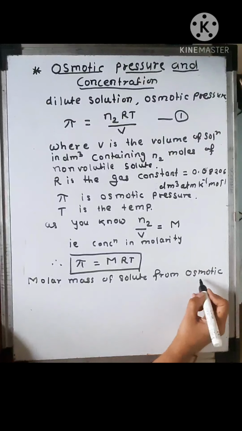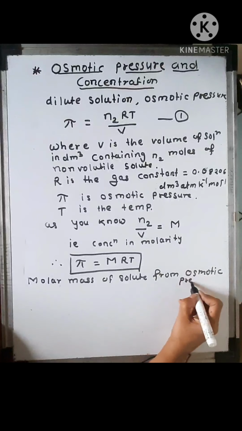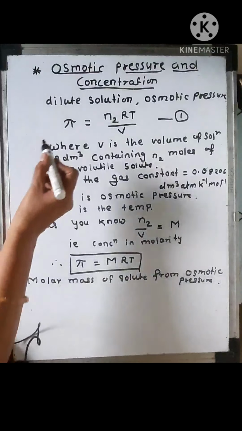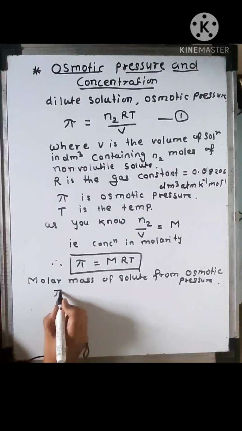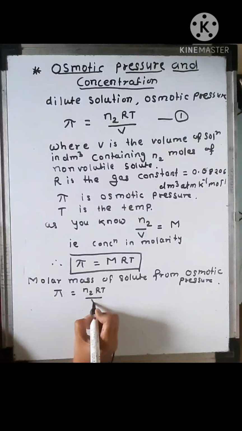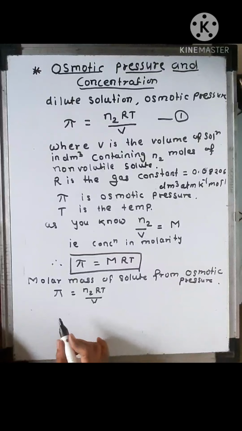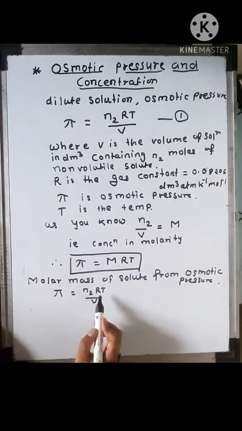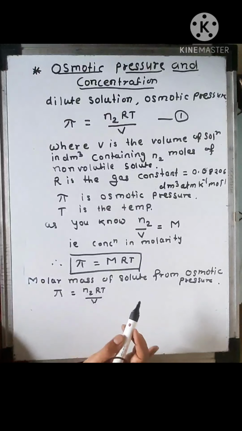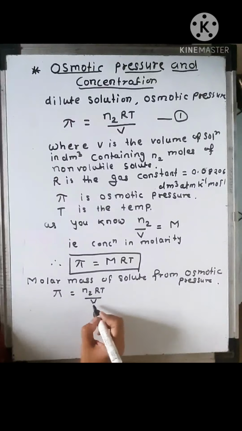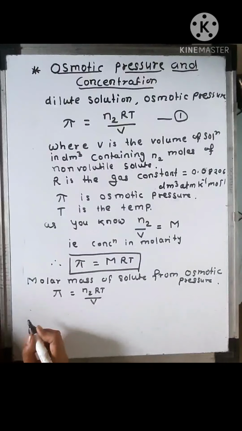From equation 1, pi is equals to N2 RT upon V, and we know the values. N2 is number of moles of solute, R is gas constant and its value is 0.08206, T is temperature, and V is the volume.